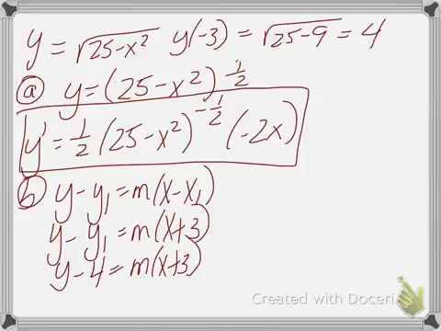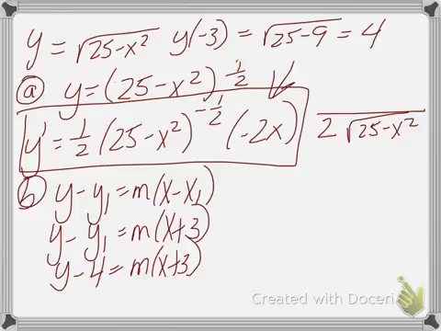Then we just need the slope, but we found the slope already, it's right here. So we need to find the slope when x is -3. I think we should simplify this a bit, and then we'll substitute in. It's going to be a fraction. From the 1/2, the 2 goes on the bottom. The 25 minus x squared is going to be on the bottom in a radical, and the -2x will go on top. Now you can see the 2's cancel, so you just have -x on top.